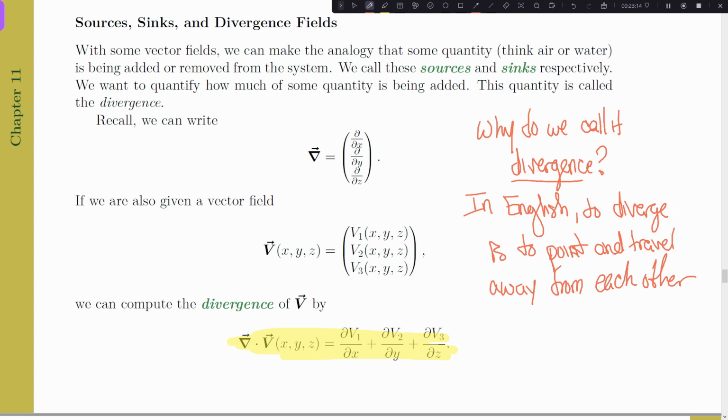Well, let's think about a vector field. Suppose I have two vectors here, and they point and travel away from each other as the following. The divergence doesn't calculate the angle, but the divergence calculates the total amount this occurs at the point x, y, z.